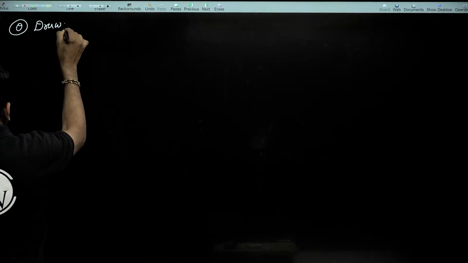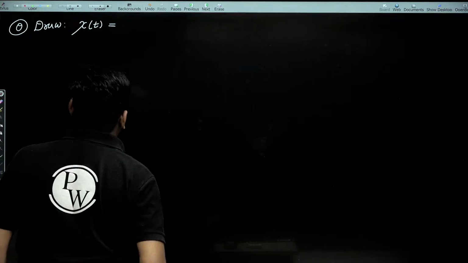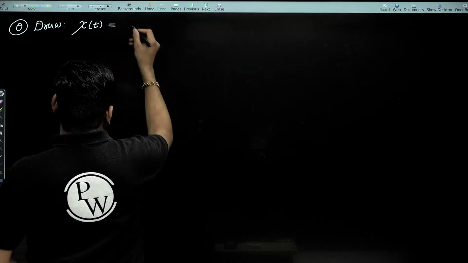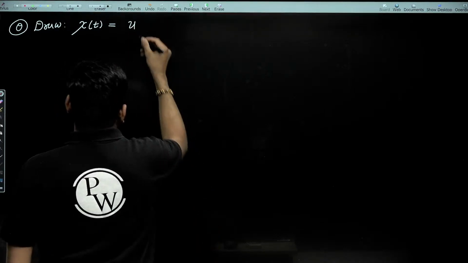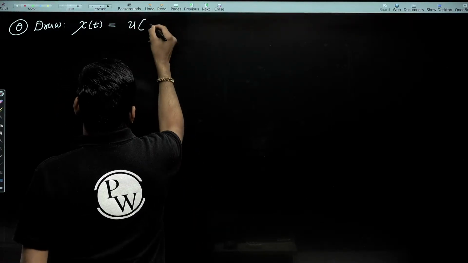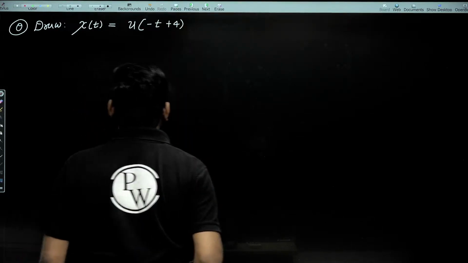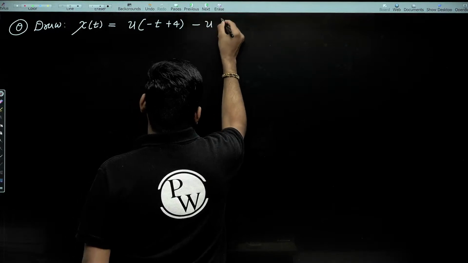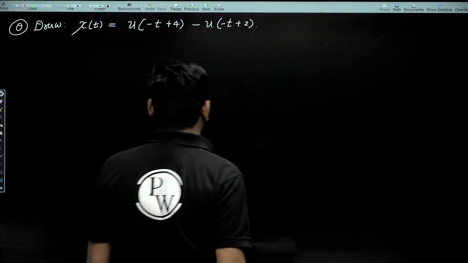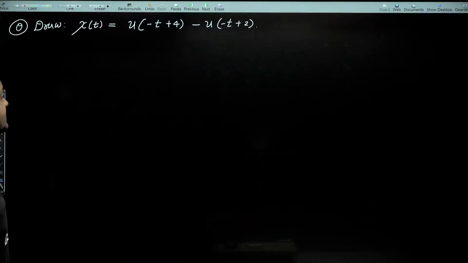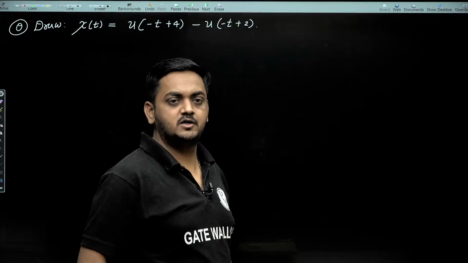Now this is very much important. x of t equal to u of minus t plus 4 minus u of minus t plus 2. Then what will be your answer? What will be your answer, guys? u of minus t plus 4 minus u of minus t plus 2, guys.